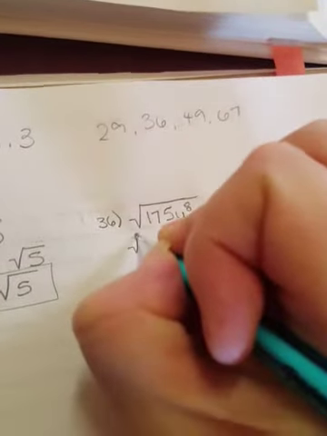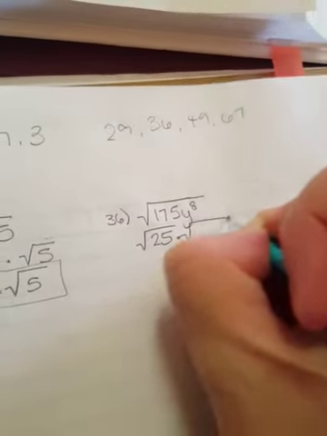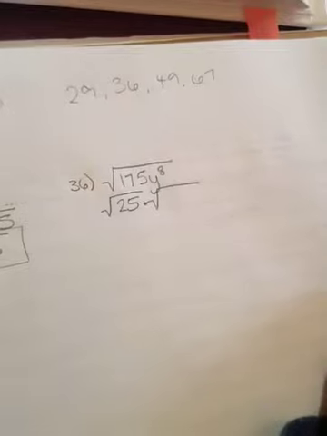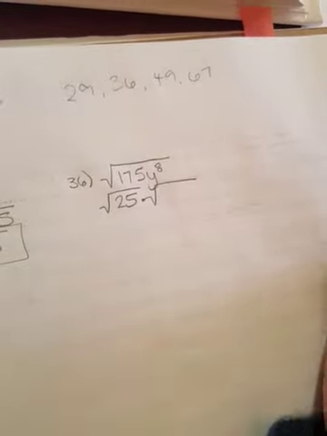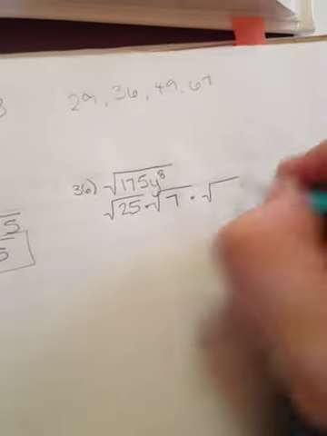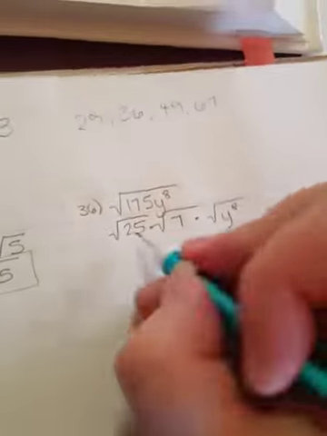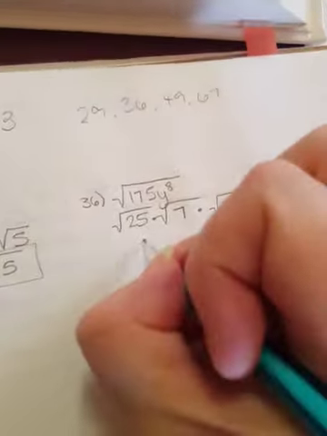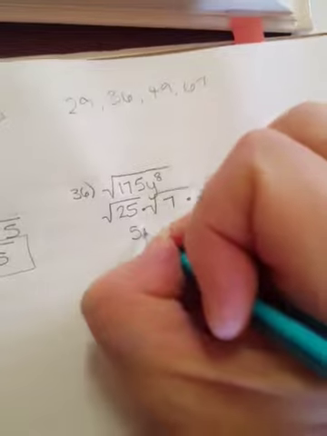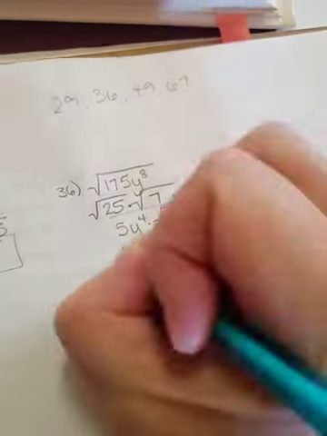So we're going to do the square root of 25 times the square root of 7, because 25 times 7 would be 175, times the square root of y to the 8th, because the 8th can be squared. So the square root of 25 is 5. The square root of y to the 8th would be y to the 4th, times the square root of 7. That's our answer.